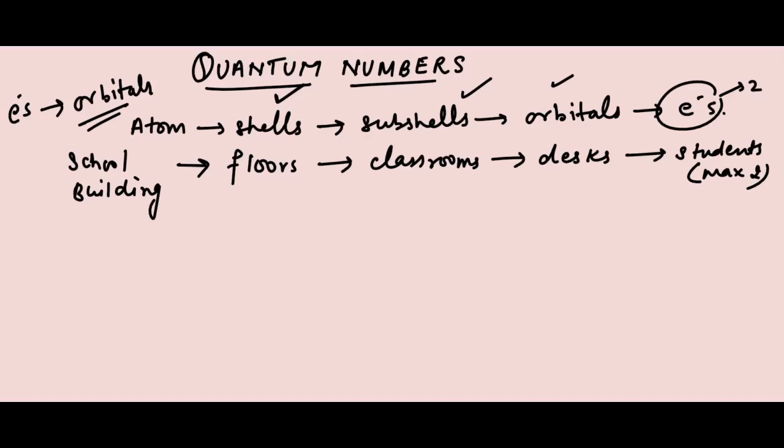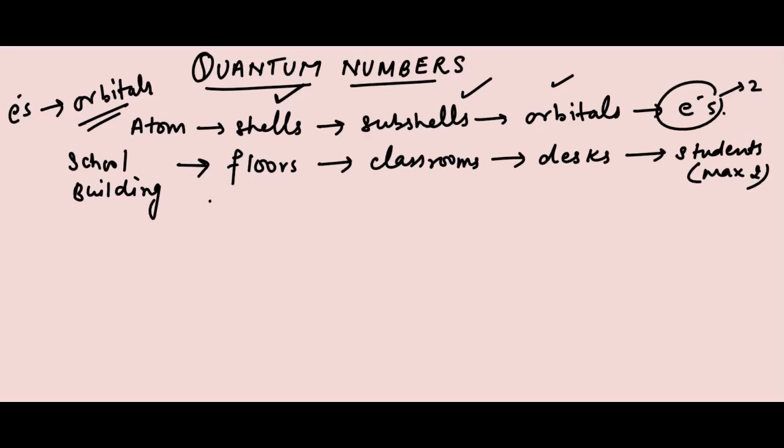So, quantum numbers are the numbers which give you the information about the shell, subshell, orbital of what? Of the electron. Every electron will have a set of quantum numbers. Now, which quantum numbers are these? There are 4 quantum numbers.